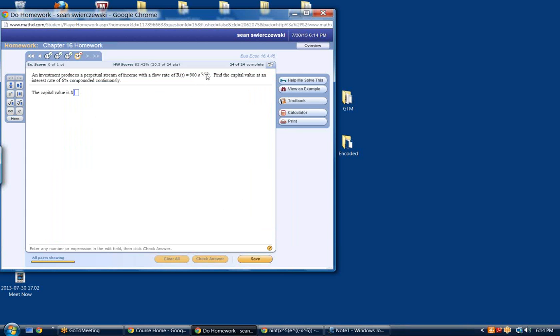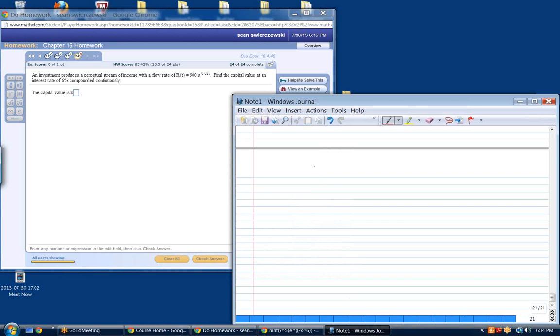That's a different function, right? The last one was 800. Okay. So we've got the integral of 900 e to the 0.02t times e to the minus rt.